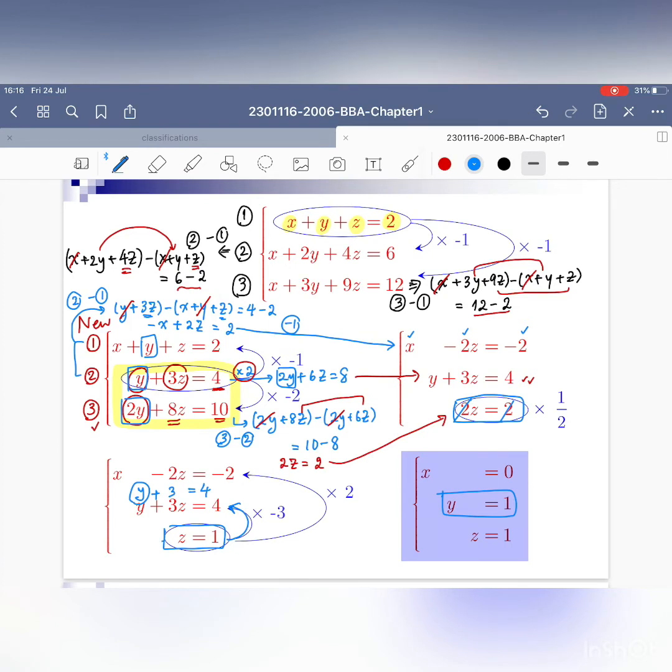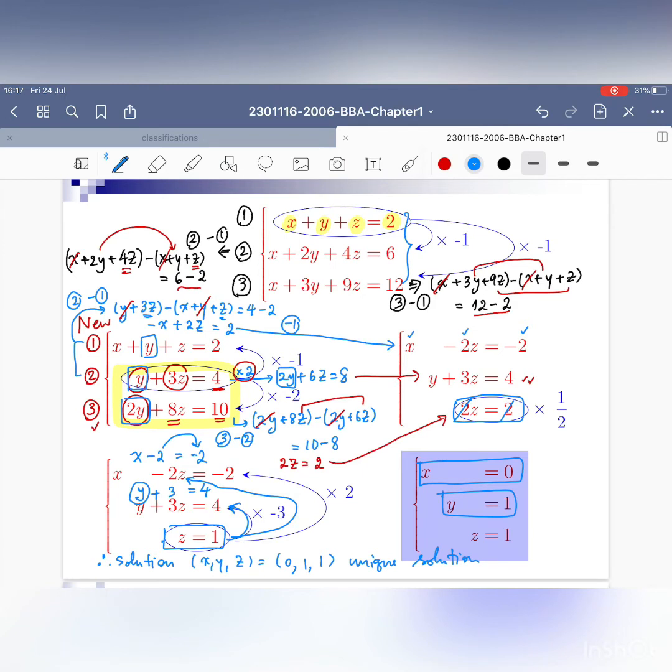And if z equals 1, plug it into your first equation. So you get x minus 2 equals negative 2, and then you move it over, so you have x equals 0. So the solution of the system of equations that is given is x, y, z equals 0, 1, 1, which is a unique or a single solution.